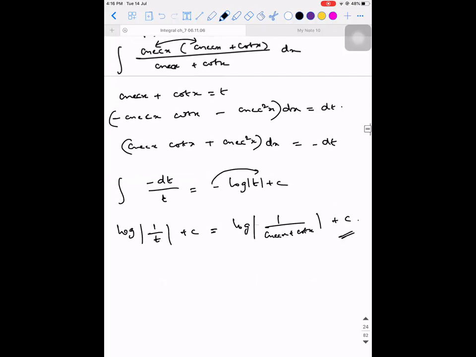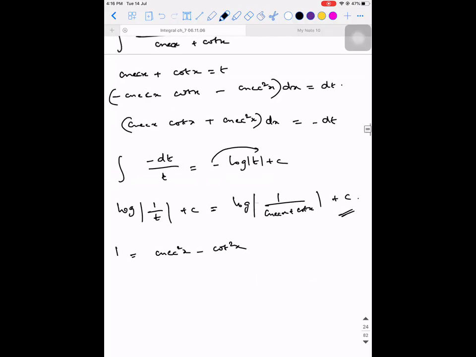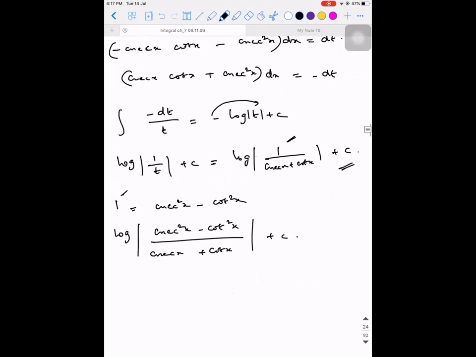Or what you can do is, one I can write it as cosecant square x minus cot square x. Okay. So I can write it as log of cosecant square x minus cot square x, so I'm using this one here, divided by cosecant x plus cot x plus c. So what is a square minus b square? A plus b into a minus b.